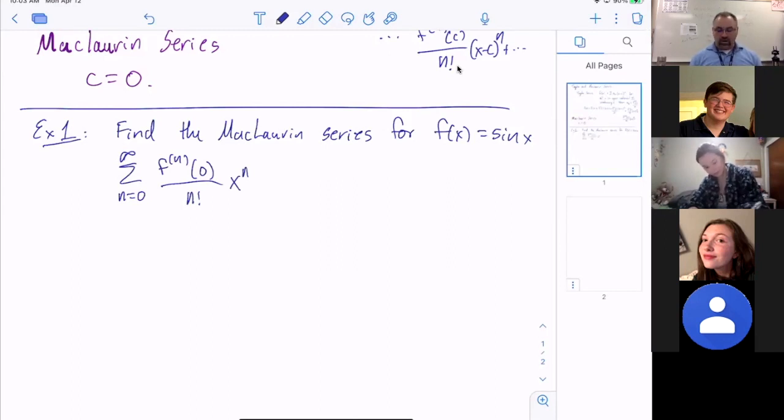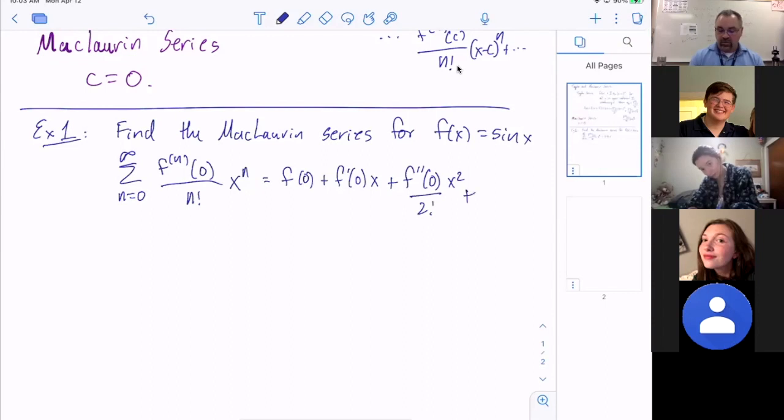And so when you start figuring out what that series actually looks like, well, the 0th derivative is just f of 0, right? And then you get f prime at 0 times x, then f double prime at 0 times x squared over 2 factorial, then f triple prime at 0 over 3 factorial, x cubed, and so on and so forth. So we'll just write out the first few derivatives.